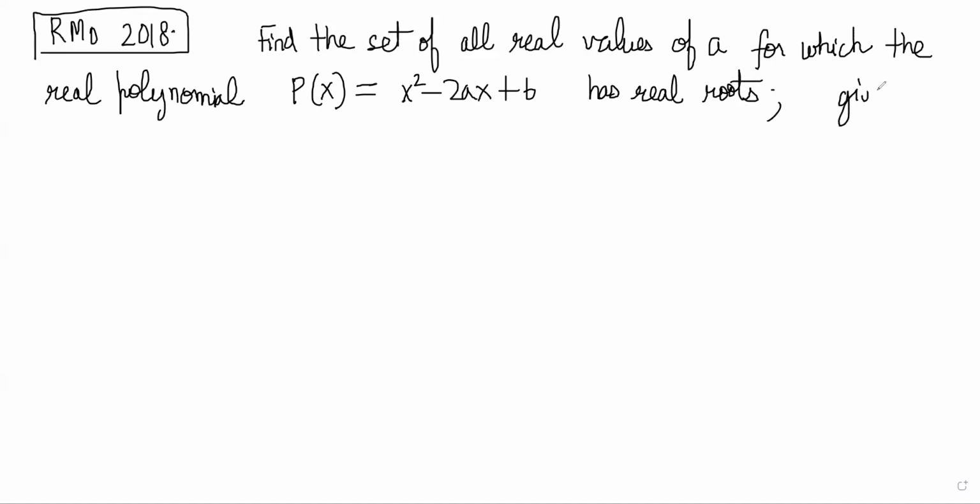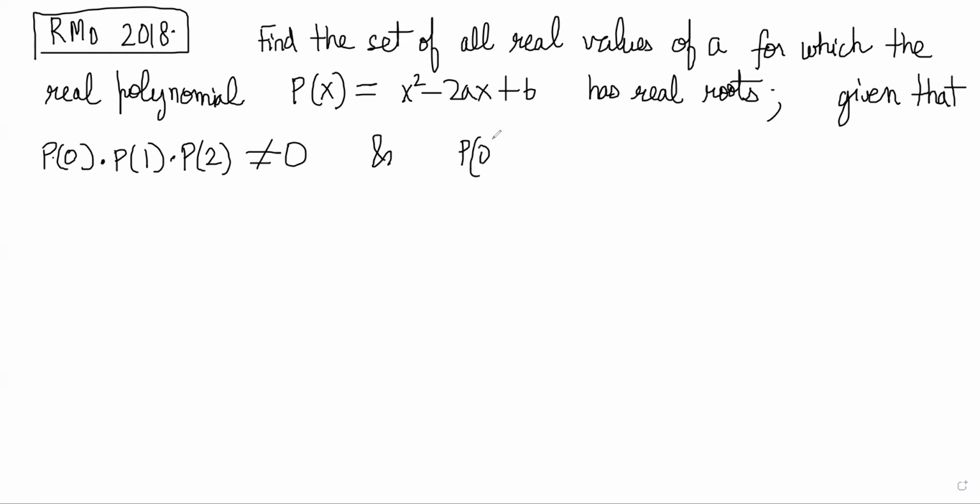We are given that P(0) times P(1) times P(2) is not equal to 0, and P(0), P(1), P(2) are in a geometric progression, in GP. So we have to find the set of real values of a which satisfies all these conditions. The first condition is that the quadratic has real roots.